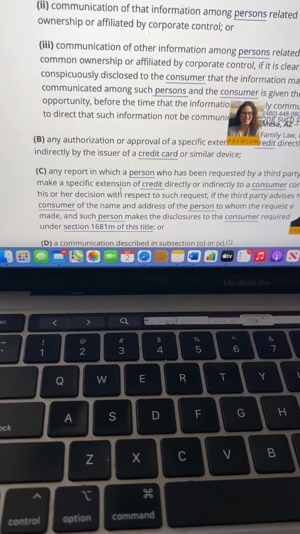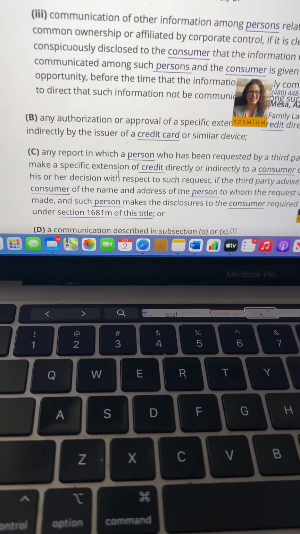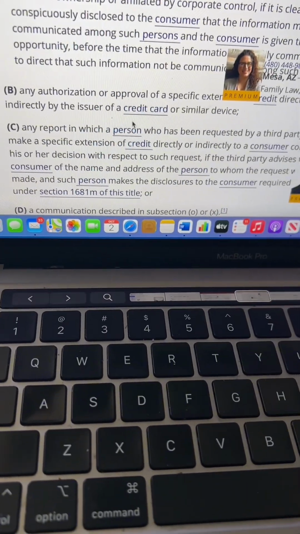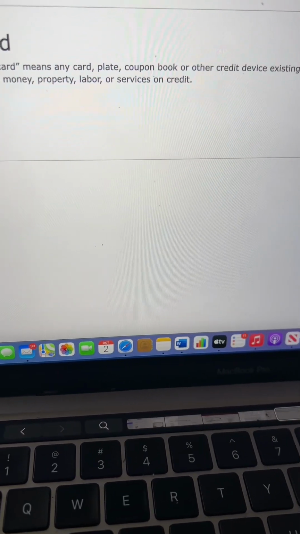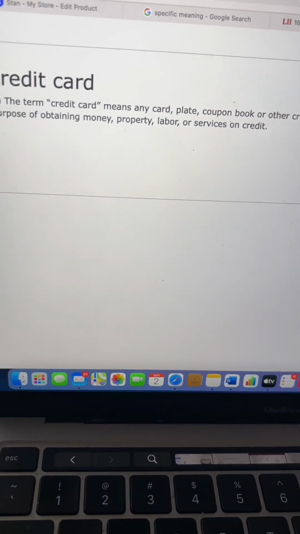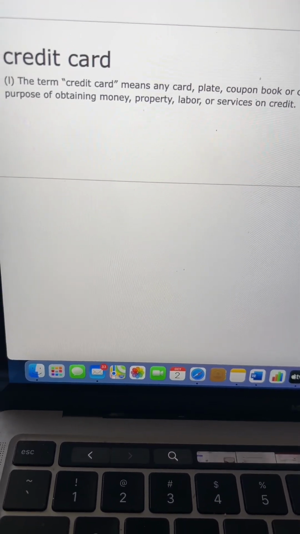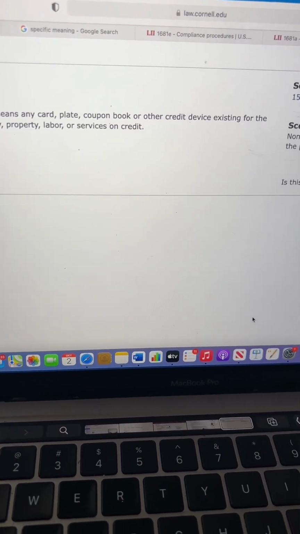To truly understand what this is saying, again, we have to understand what words mean. So I'm going to click on credit card. The term credit card means any card, plate, coupon book, or other credit device existing for the purpose of obtaining money, property, labor, or services on credit.